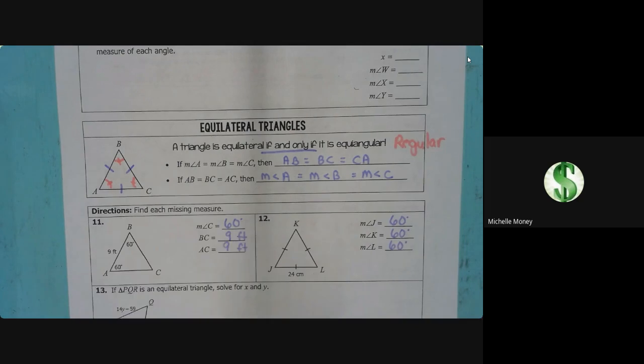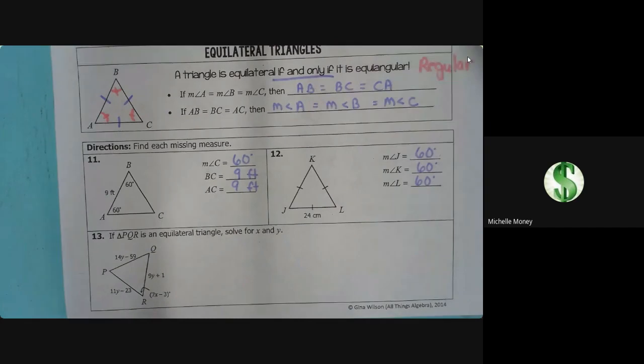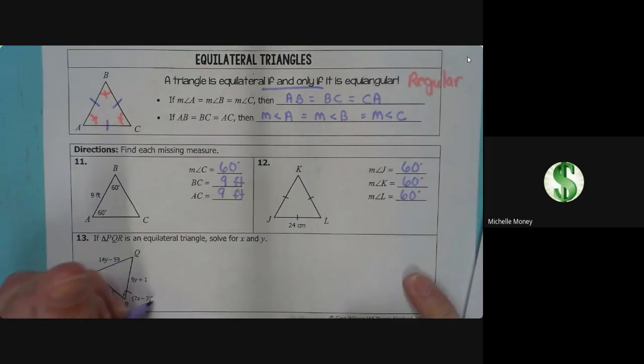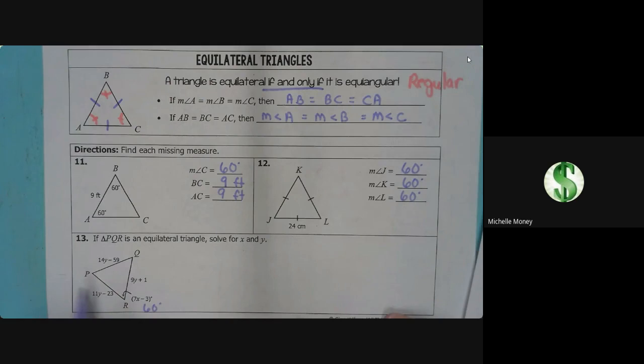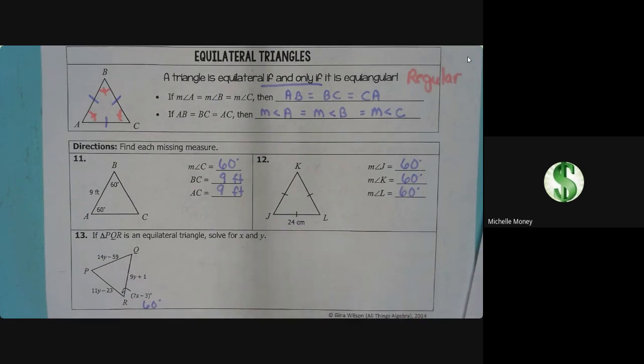No math required, just vocabulary. And then the last one, simply, you know that this is going to be equal to 60 degrees because all 3 angles are going to be 60 because it's equilateral. Just like this one, they're all 60. It's always 60 when it's equilateral.